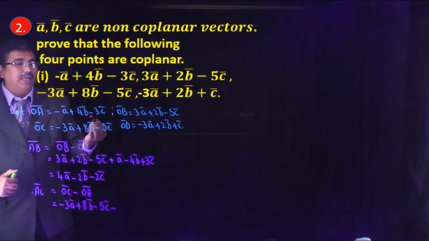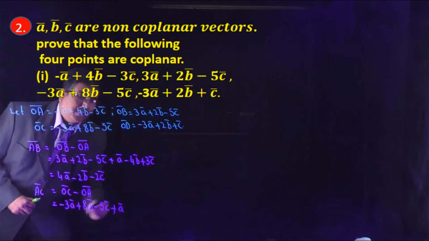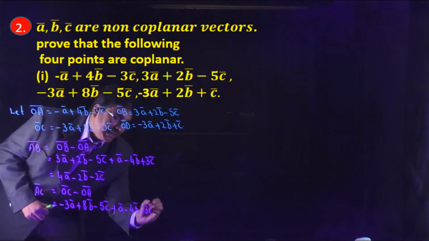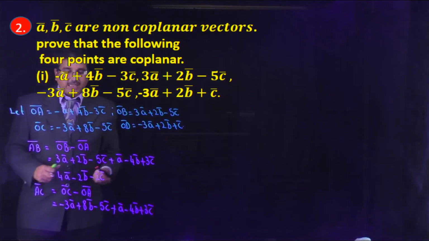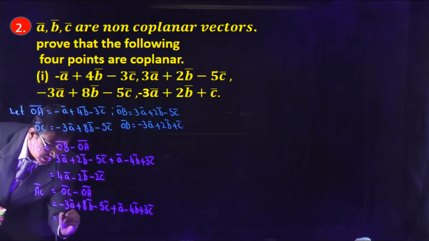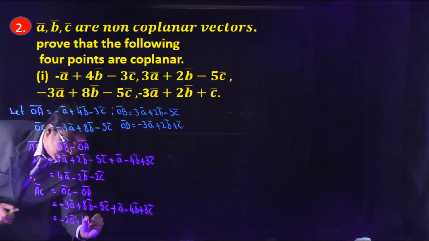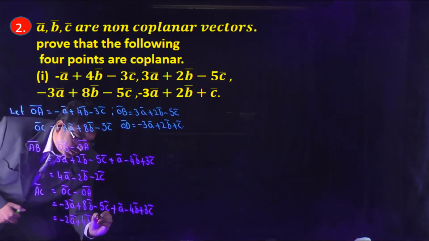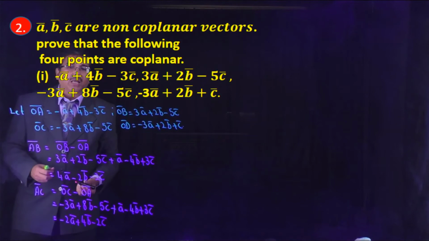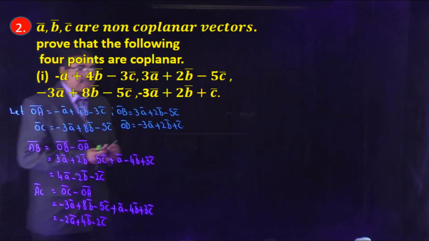Minus OA bar, directly I write plus A bar minus 4B bar plus 3C bar, right? That is OC bar minus OA bar. We get minus 2A bar plus 4B bar minus 2C bar, that is AC bar.